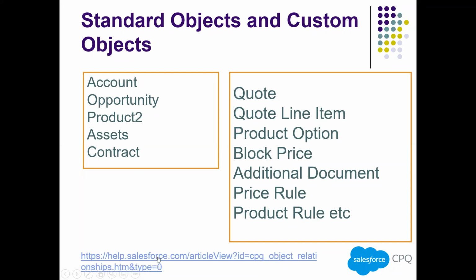This article will help you visualize this data model. And whoever is going to support Salesforce CPQ as an admin or in a techno-functional role must be aware of these objects and the data model, and how these Salesforce CPQ packages are used.